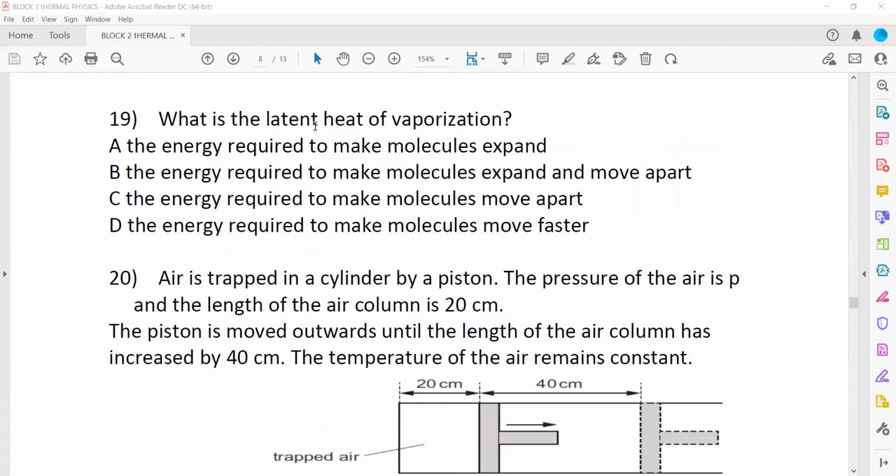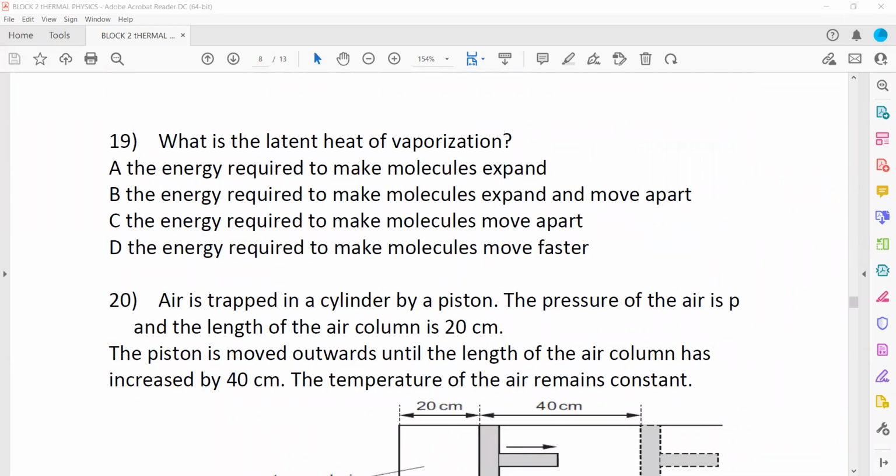Then what is latent heat of vaporization? Latent heat of vaporization means the amount of energy needed to change a liquid into gas or gas into liquid. The energy required to make the molecule expand, remember, molecules never expand. The size of the molecule never changes. So that's wrong.